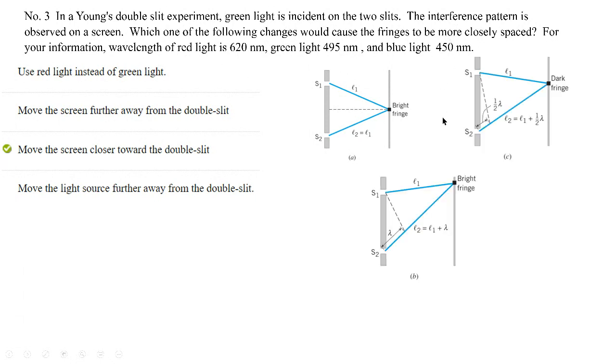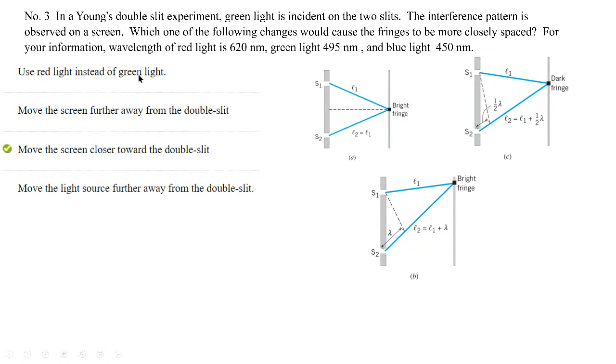In fact, I uploaded from the lecture notes that you can indeed have bright fringe, dark fringe, and another bright fringe, and so on. Bright, dark, bright, dark, bright, dark, right? And so now they say, which of the following statements is correct?